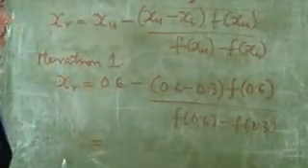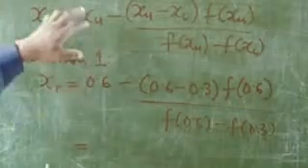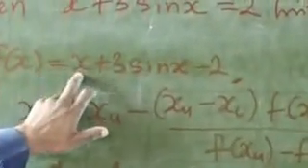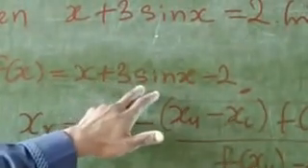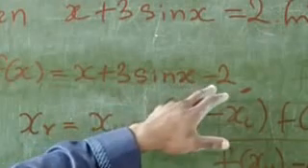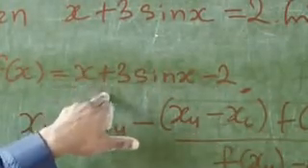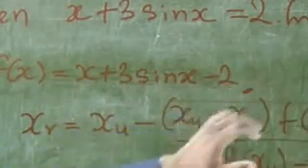Now, f of 0.6, remember, you calculate that by substituting 0.6 into this function. That is, this becomes 0.6 plus 3 sine 0.6 minus 2.